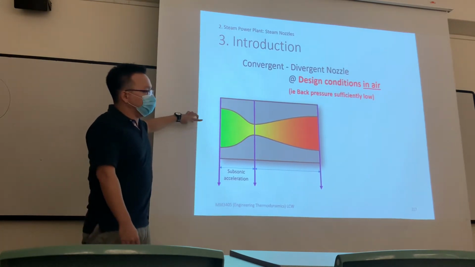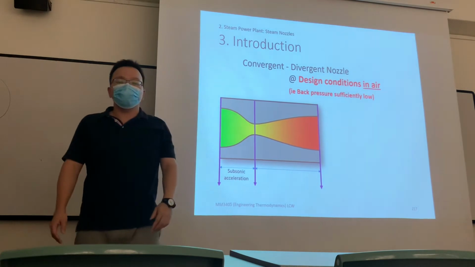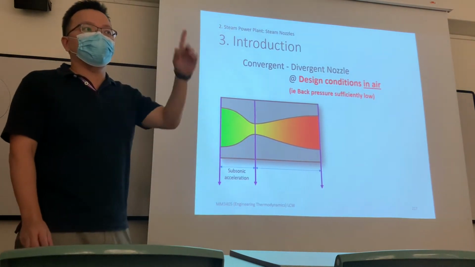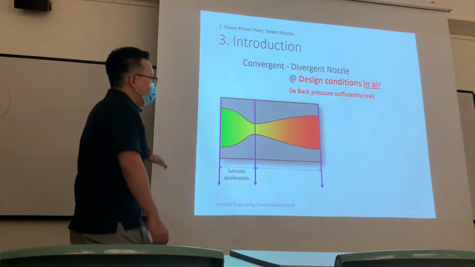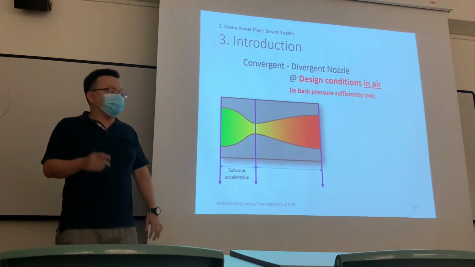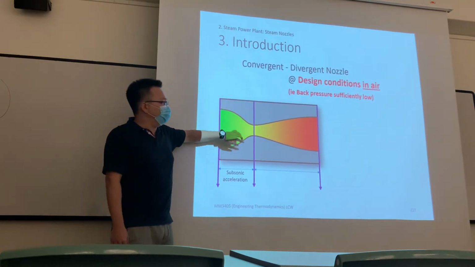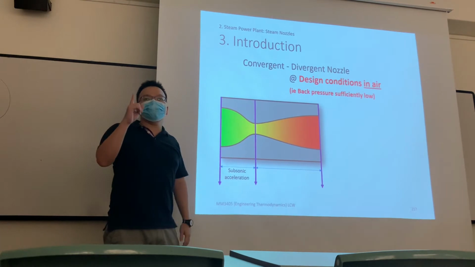When it enters at subsonic and goes through a convergent nozzle, what happens to the speed? Up or down? Up. Speed will increase, correct? So the speed is accelerating. What you need, if you design properly, is that when you hit here, you will hit Mach 1.